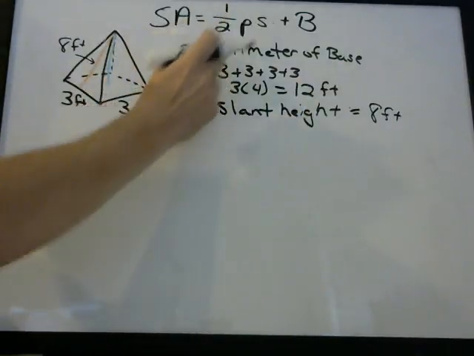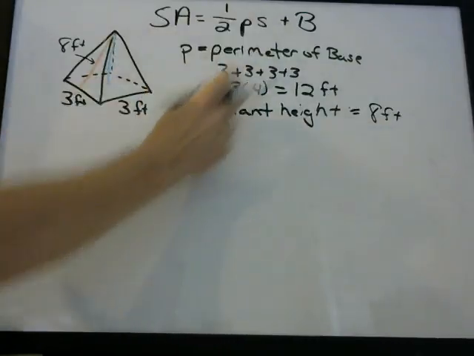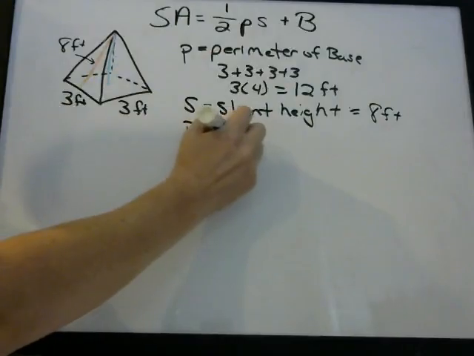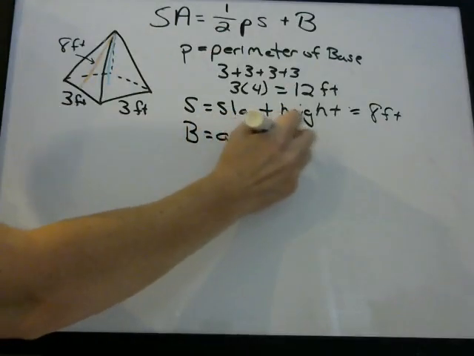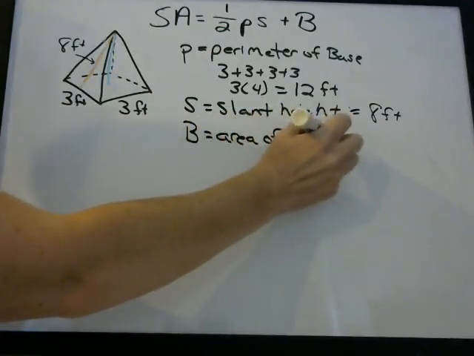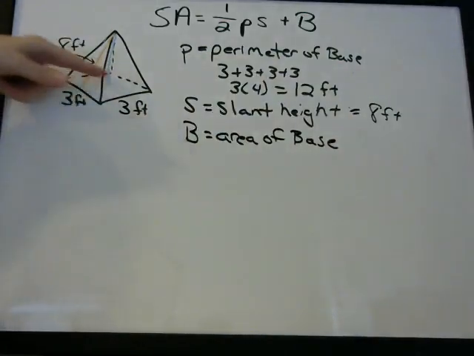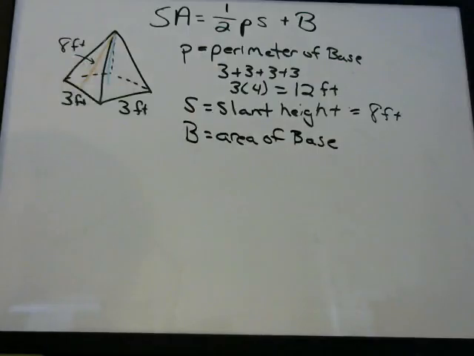So P is the perimeter, S is the slant height, and B means area of the base. So here you need to know how to find the area of this square. The area of a square, or a rectangle, is length times width.